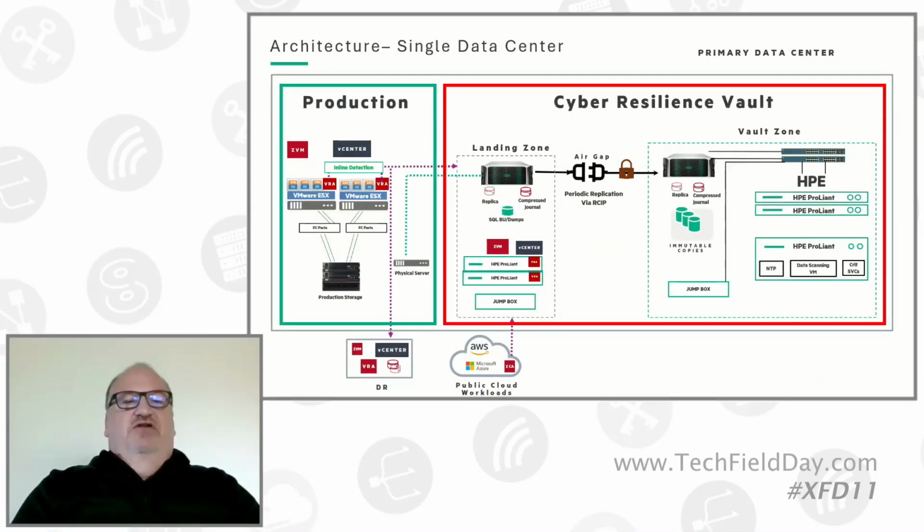As Chris was also mentioning earlier, we do have the ability to vault and protect public cloud workloads. Some specific examples would be native Azure, native AWS, or any number of VMware as a service in the public cloud.